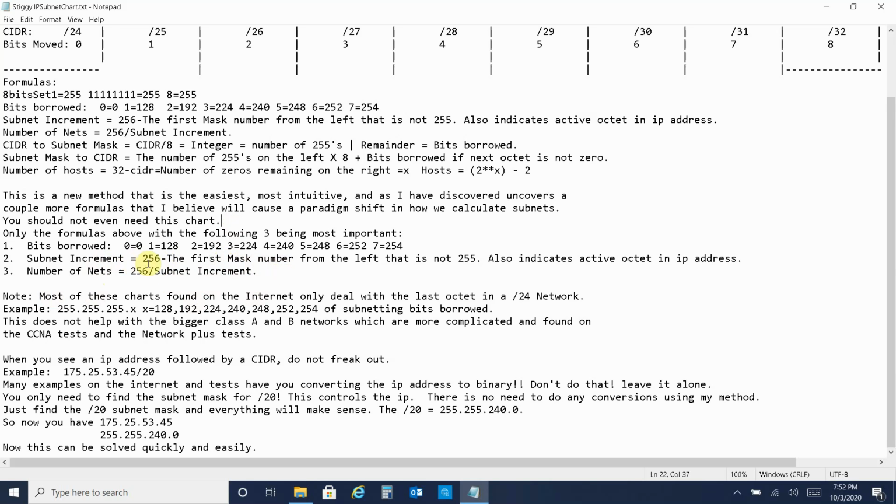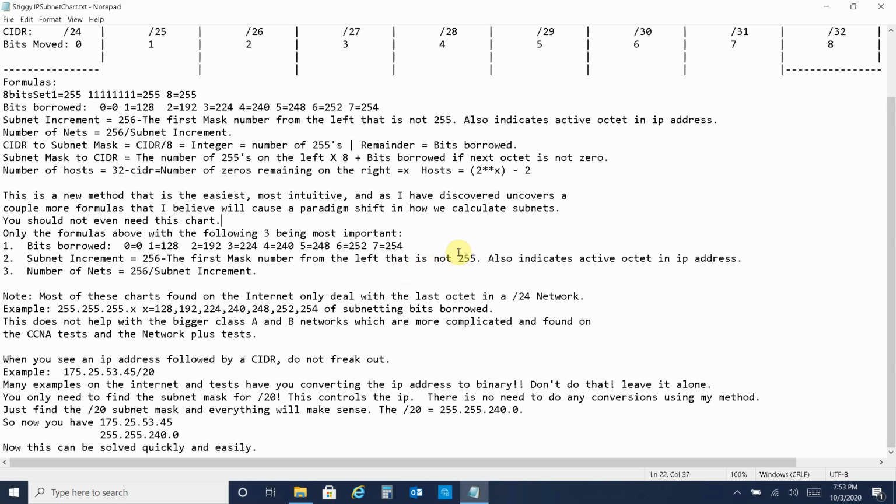So subnet increment is 256 minus, like I just said, you're going from the left to the right, the first thing that's not 255. We're talking about the subnet mask; it doesn't even matter what the IP address is. The IP address that's going above the subnet mask, we're not even talking about here. You can find everything you need from the subnet mask for these tests.